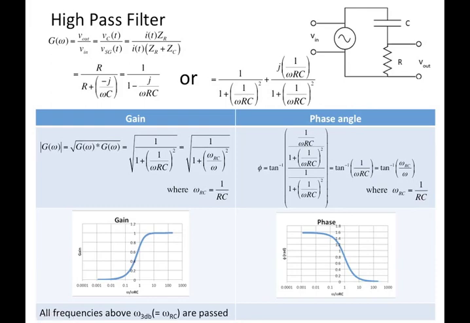When we're at frequencies lower, it doesn't. And again, we can calculate the phase, imaginary part over the real part, arctangent, and we get a function that looks similar but opposite, that essentially the signal is out of phase at low frequency and in phase at high frequency.